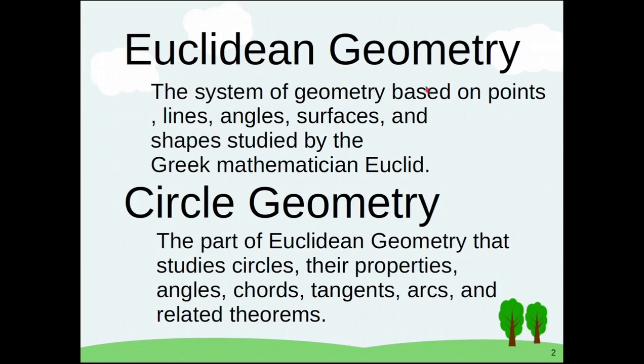This is the system of geometry based on points, lines, angles, studied by the Greek mathematician Euclid. And under Euclidean geometry, we are going to look at cyclic geometry, which is the part of Euclidean geometry that studies cycles and their properties: angles, chords, tangents, arcs, and related theorems.